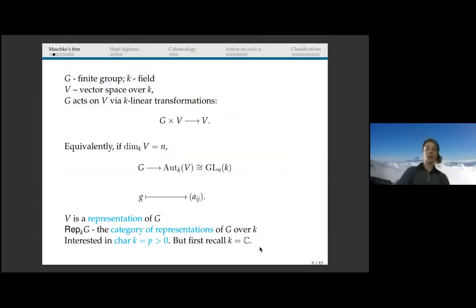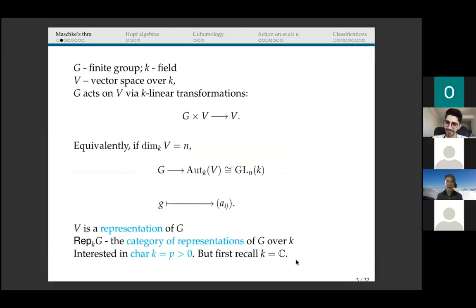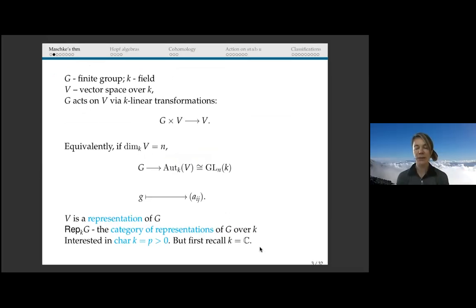Okay, so we'll start from the very, very beginning. What I'm interested in is representations, let's say first of a finite group. We'll get a little bit more general later on. So I'm going to assume that I'm in the setting where G is a finite group, K is a field, first of arbitrary characteristic, and a representation is just a vector space on which G acts via linear transformations.